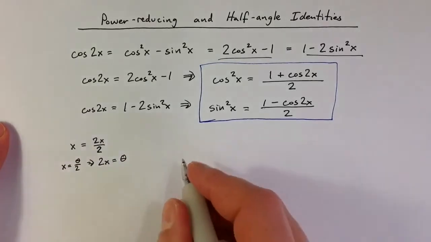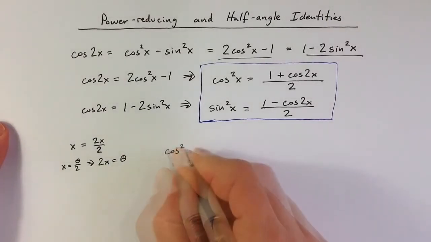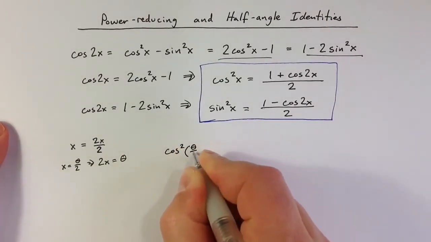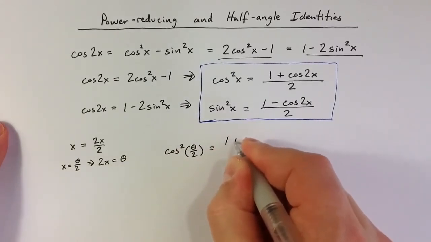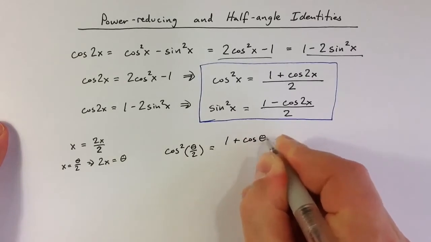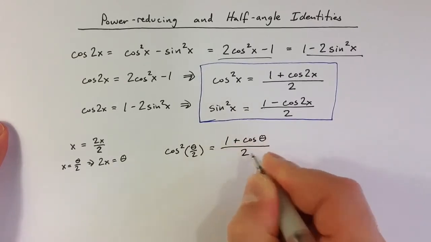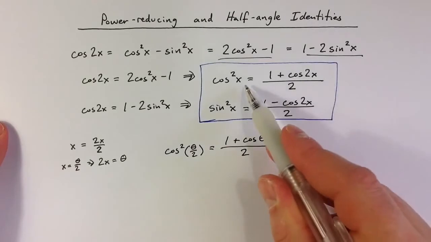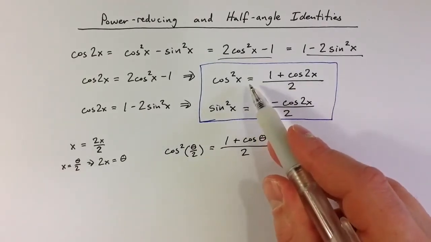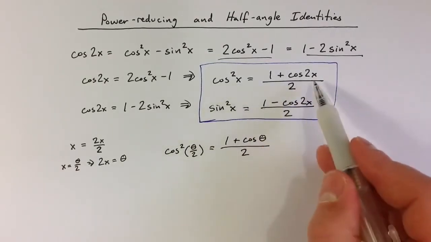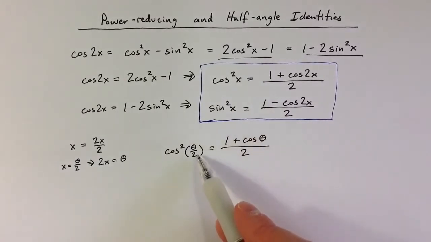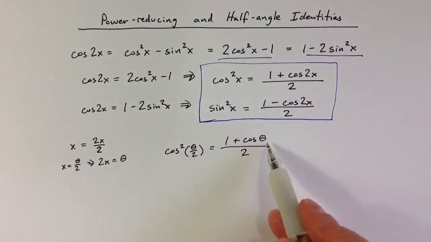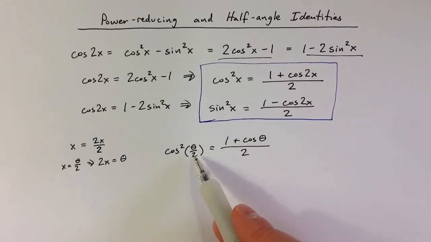And so by doing a substitution, I can express cosine squared of theta over 2 in terms of cosine of theta. What's important to recognize here is not exactly the symbols that are used in these identities, but the relationships they describe. x and 2x are related because 2x is always twice x. So theta and theta over 2 are related in the same way because theta is exactly twice as much as theta over 2.